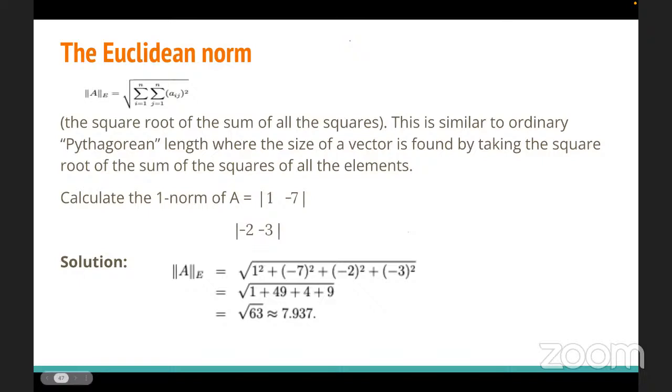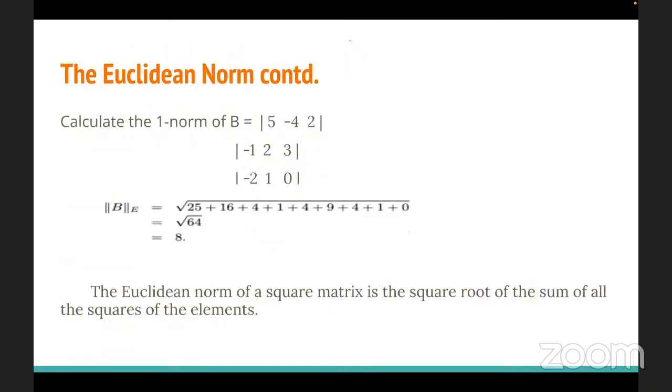In this 2 by 2 matrix, we have 1, minus 7, minus 2 and minus 3. We square each of them, sum them together, and then take the square root. So 1 squared, 7 squared, 2 squared and 3 squared summed together, and the root is 7.937, which can be approximated as 8. If you use the 3 by 3 matrix, we get the same thing, 8.